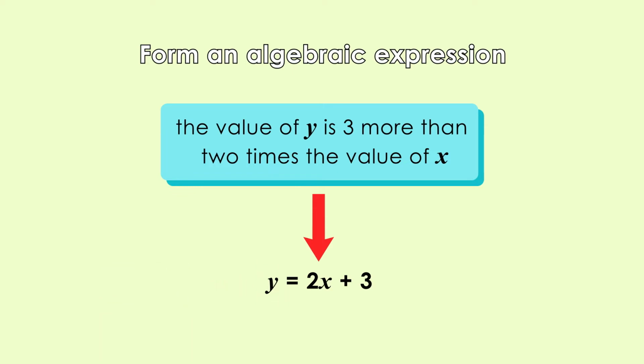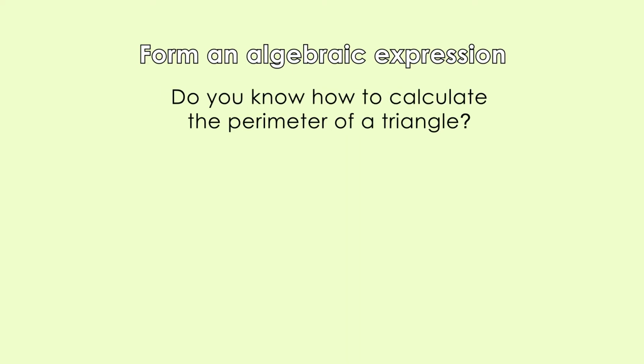Dear girls and boys, let us look at another situation. Do you know how to calculate the perimeter of a triangle? You have learned this before. Well, let's put it to use now.